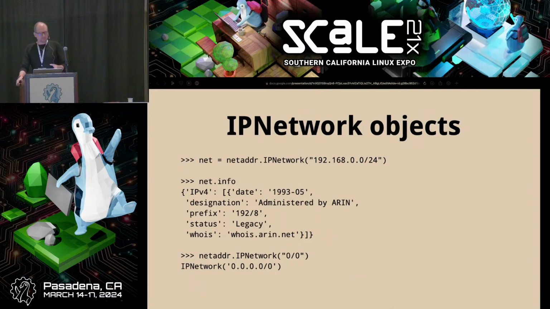One of the great features about NetAddr is this info attribute that gives you some extra context on the network object you're working with. And the last bit here is you see that the NetAddr IP network object also supports shorthand notation. You pass it 0/0, and it knows that you actually meant quad 0/0.